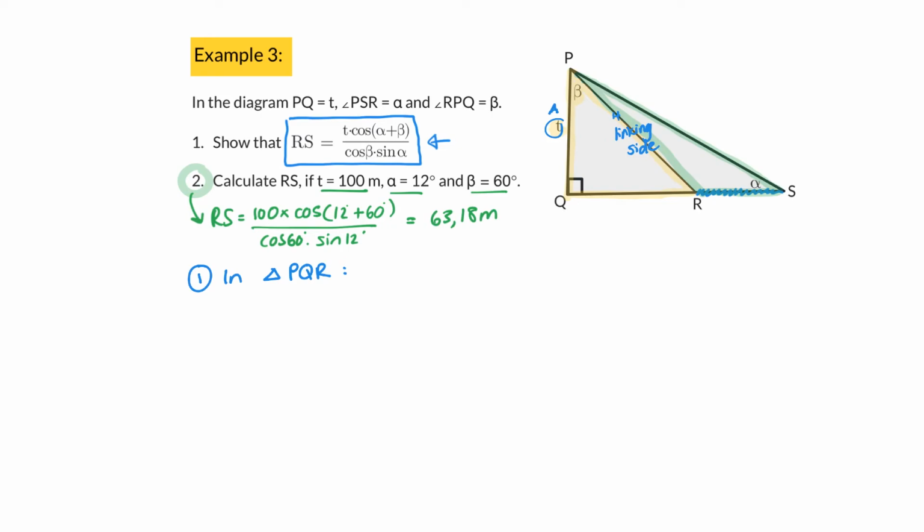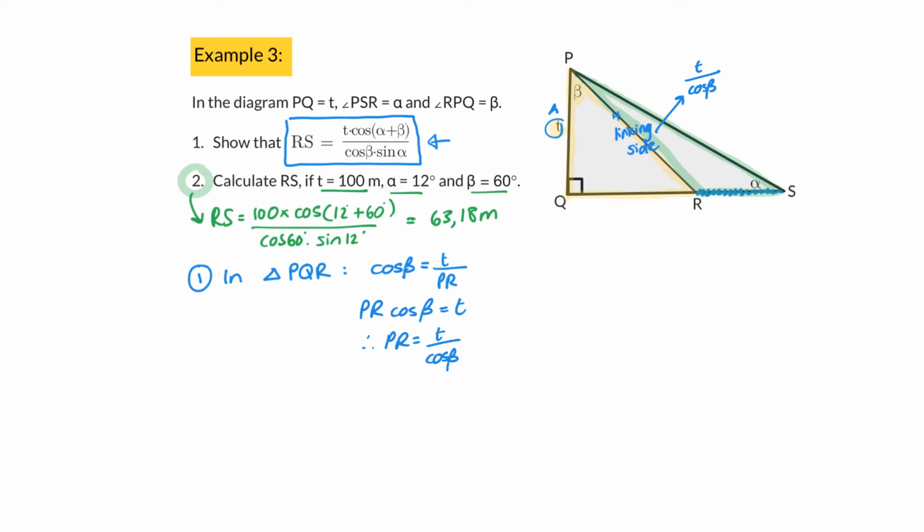That's going to be cos. So I can say cos of beta is going to be T over PR. But I actually want to know what PR is, so let's times both sides by PR. PR cos beta is equal to T. Therefore, PR is equal to T over cos beta. So my linking side is T over cos of beta.